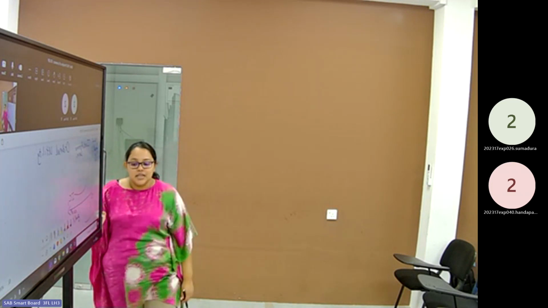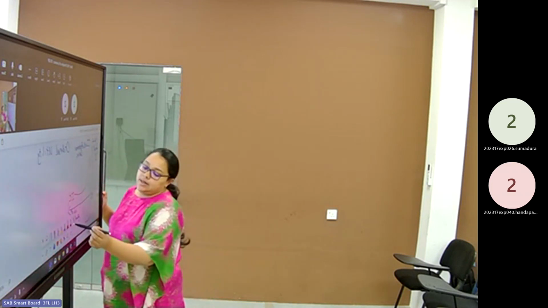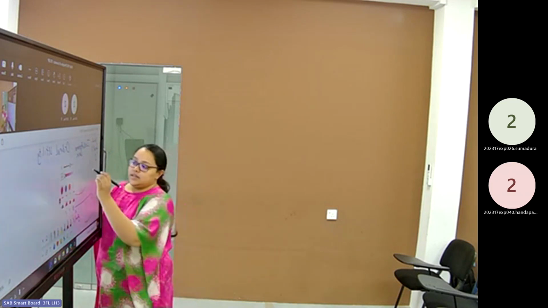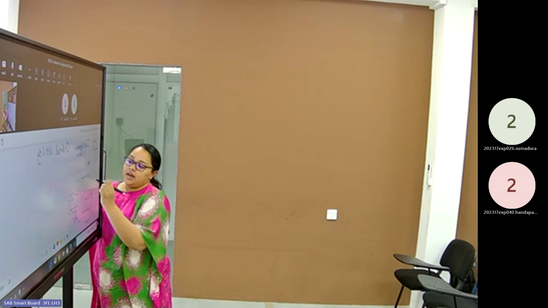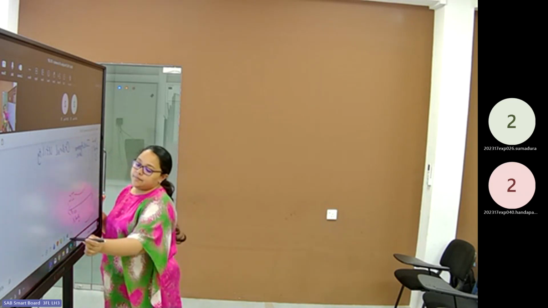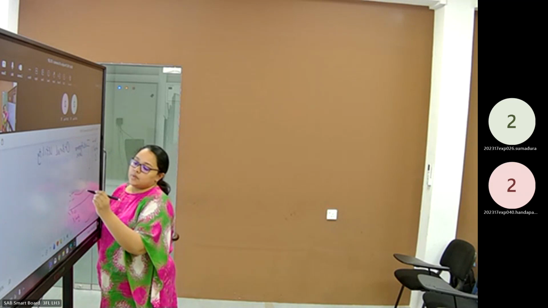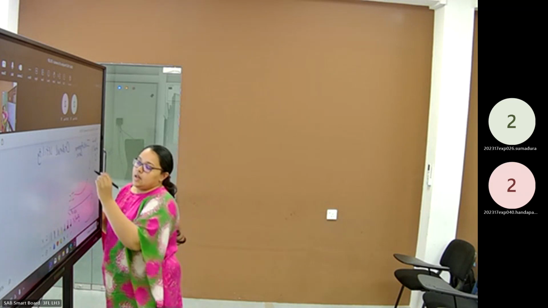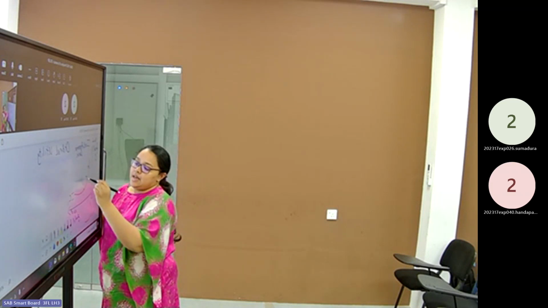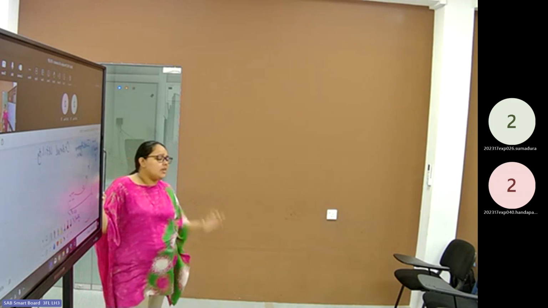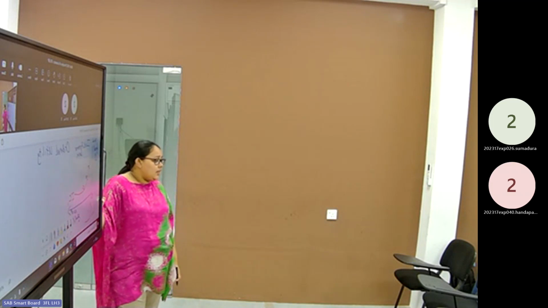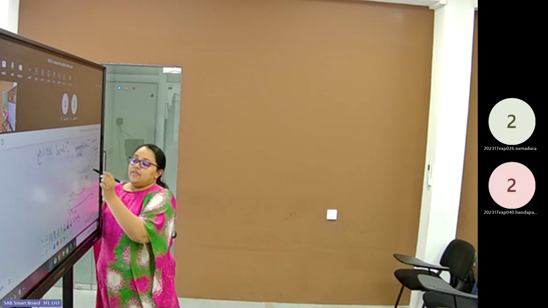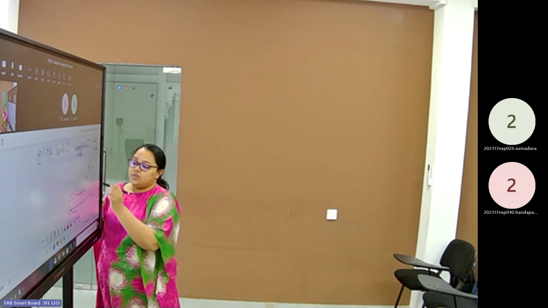Now, what does the indifference curve represent? The indifference curve represents different points A, B, and C. Listen to me carefully. Points on the indifference curve represent different bundles of goods.